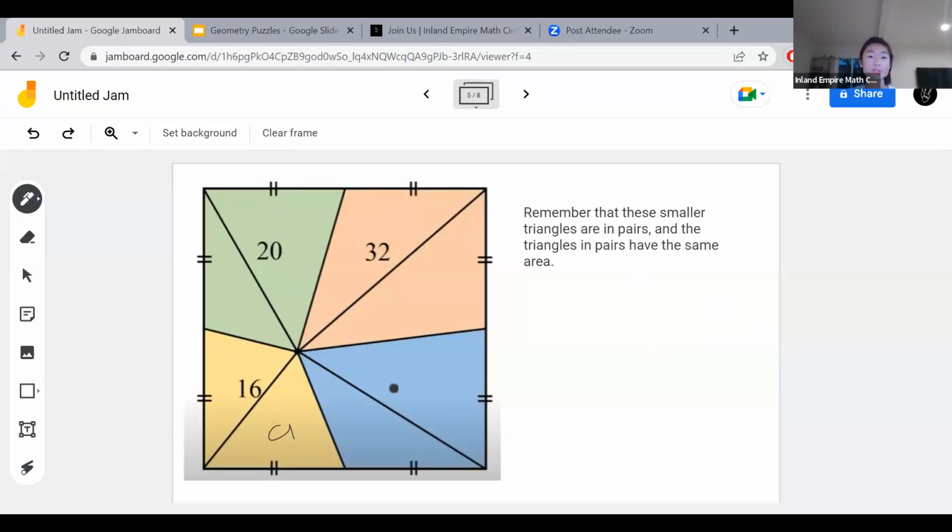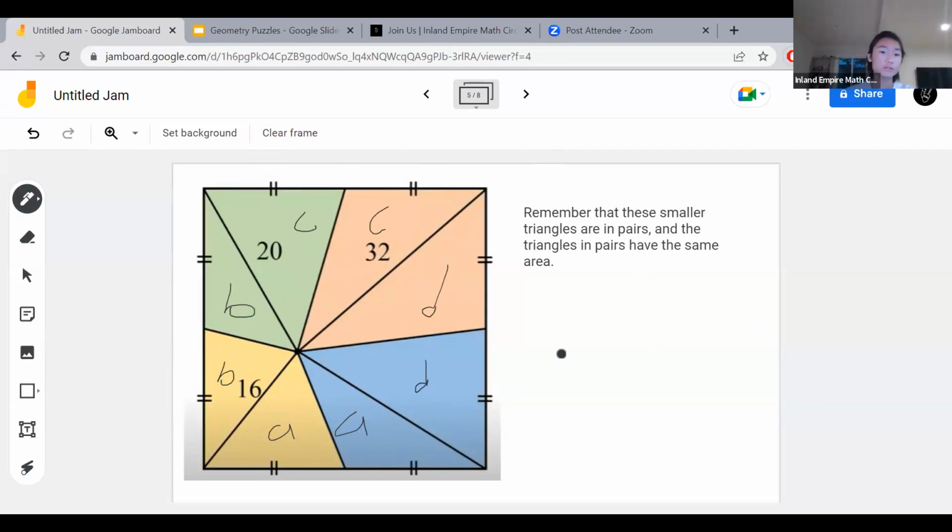We're going to label these triangles so we can use what we know here about them being the same, so we can figure out the area of the missing section. Okay, so these two are the same. They'll go through A and A, B and B, C and C, D and D.